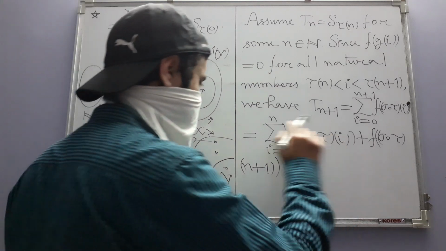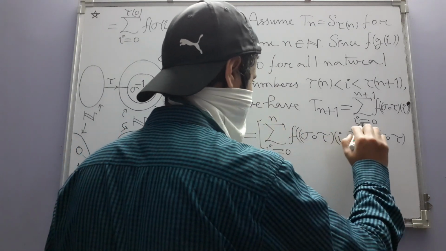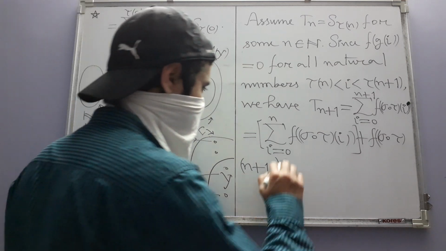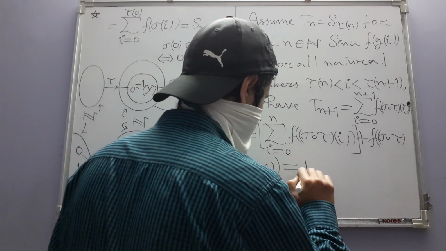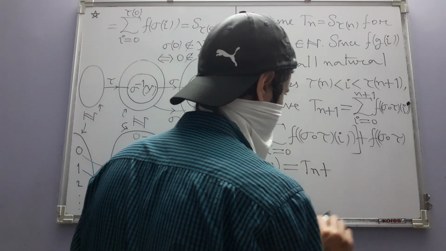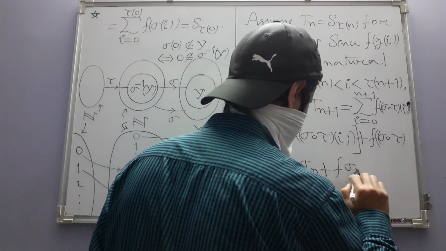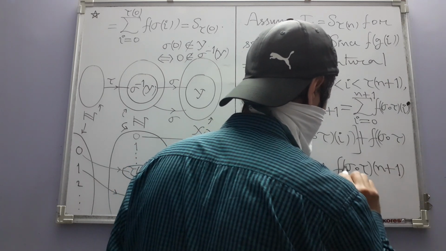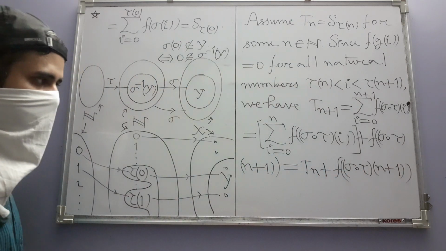Okay, in order to show that this sum is just this much, let me put brackets also. But this is what? This is Tn plus this.